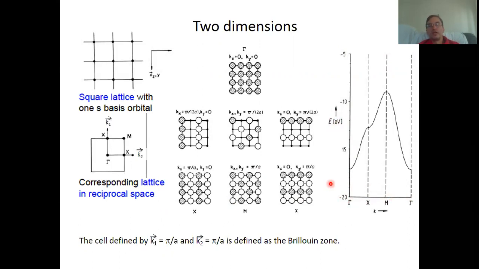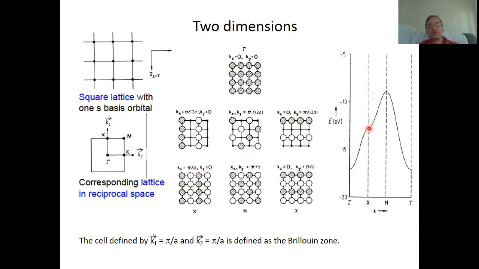So now we said that this orbital here is completely bonding, so we will start at a low energy. These two orbitals here at equivalent point x are non-bonding. So we are going up from a completely bonding situation to a non-bonding situation here.